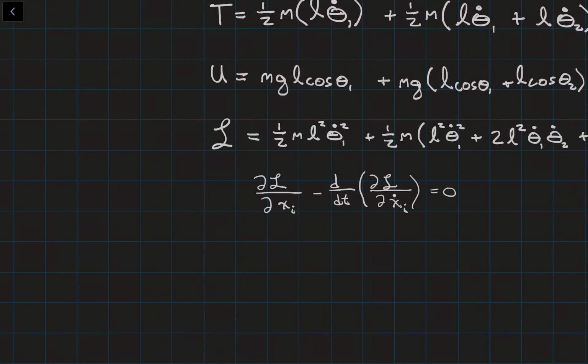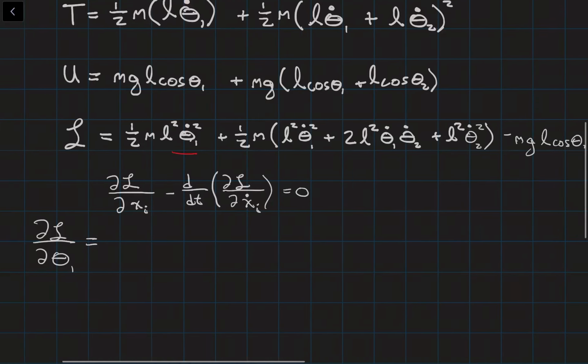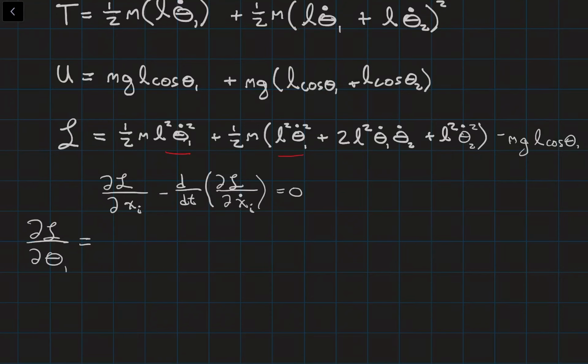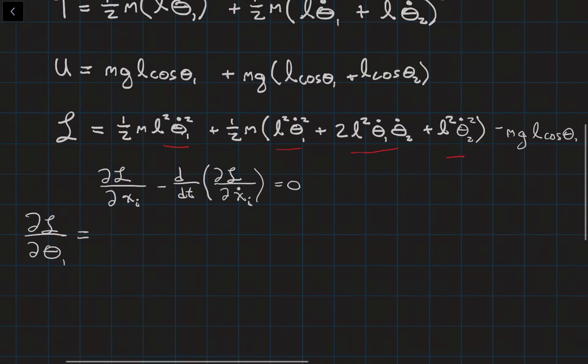So we need to find the partial derivative of the Lagrangian with respect to theta 1 first. Just look here. We're differentiating with respect to theta 1, not theta 1 dot. So this first term goes to 0 in the derivative. This goes to 0. This goes to 0. This goes to 0. So here we have a theta 1 term, so we need to take a derivative of that.